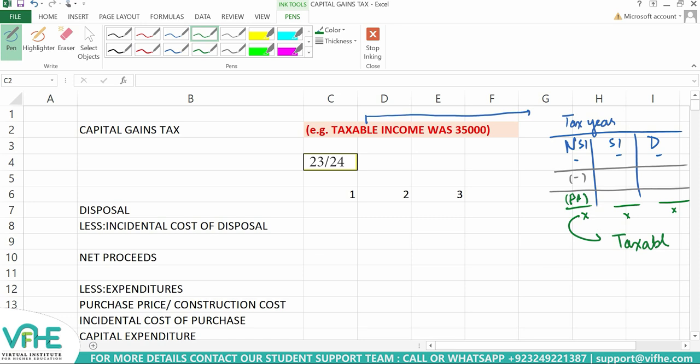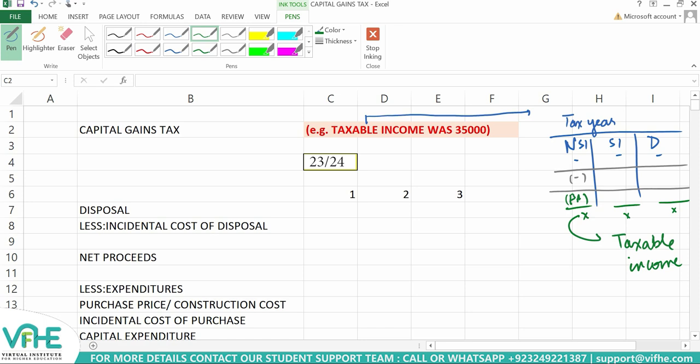On taxable income or taxable amount, we will apply income tax rates, which have already been discussed. If you remember, non-savings and savings rates were pretty much the same, but the rates were different when it comes to dividends.